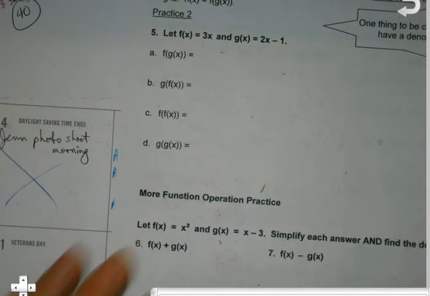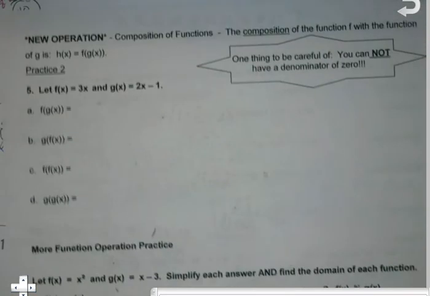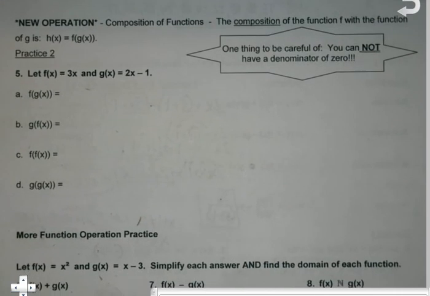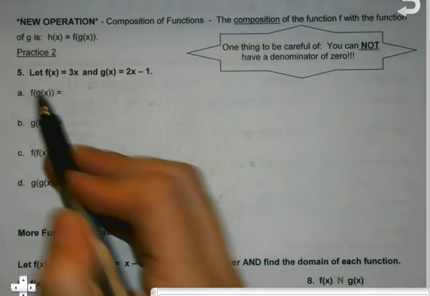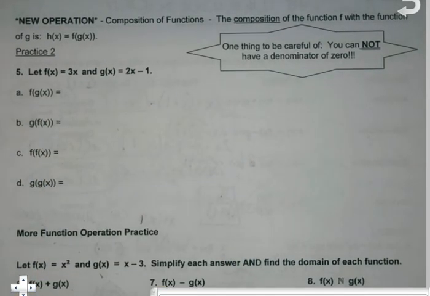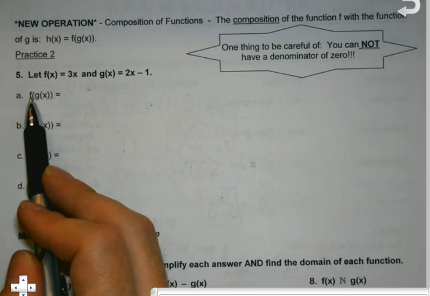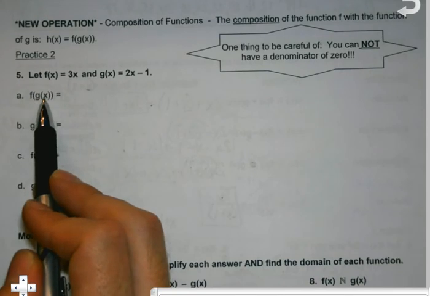Now, what will come to become as favorite to some of you is factoring, composition of functions. Let me explain how this works. When you see a function inside of a function, here's how it's spoken. This is called, like for instance here, this is f of g of x.